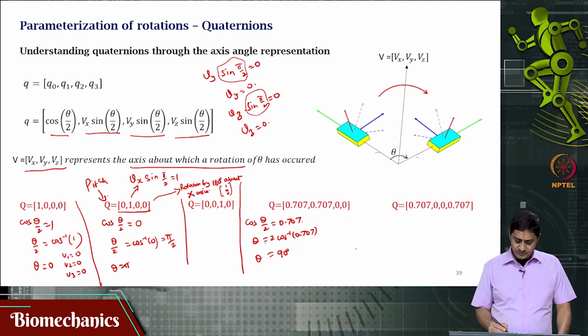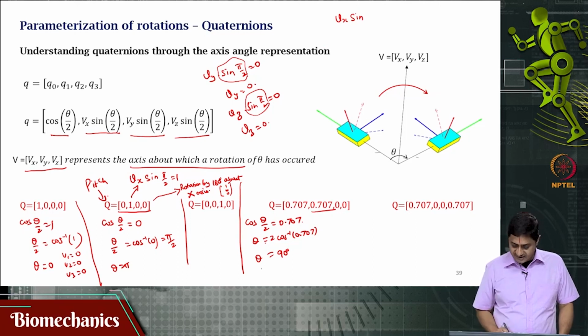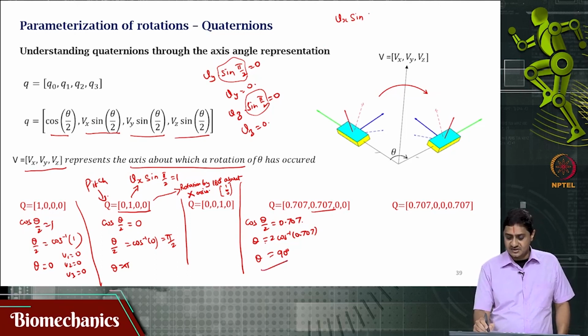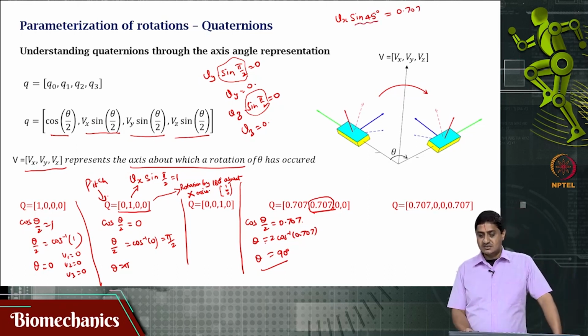Now, what about this? This is Vx sin theta by 2. Theta is 90 degrees, so that is sin 45, or pi by 4, which is equal to 0.707, and we know this from high school math.